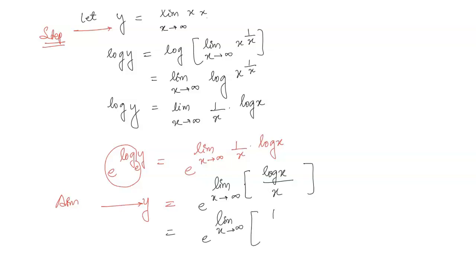So log x differentiation will be 1 by x, and the denominator differentiated separately will be 1. So one time we have differentiated numerator and denominator, because here we are getting infinity by infinity, which is an indeterminate form. And now if I put the limit x tending to infinity, it will be 1 by infinity, but everything was to the power of e. So this will become e to the power 0, which is basically 1.